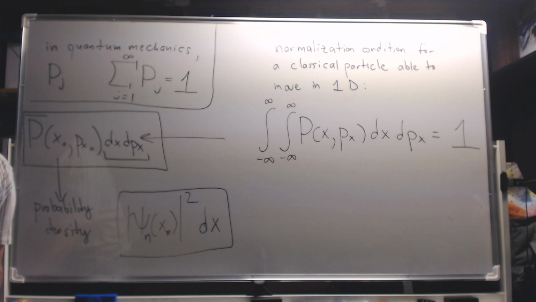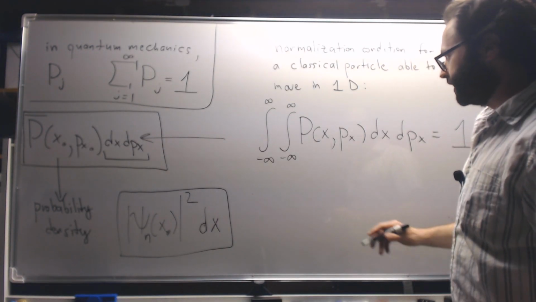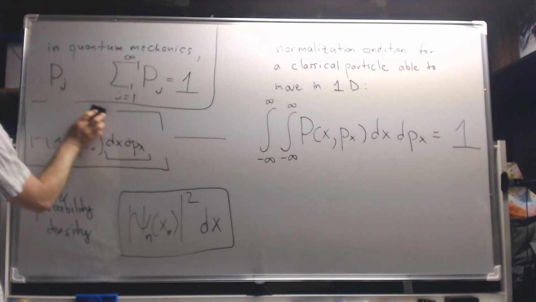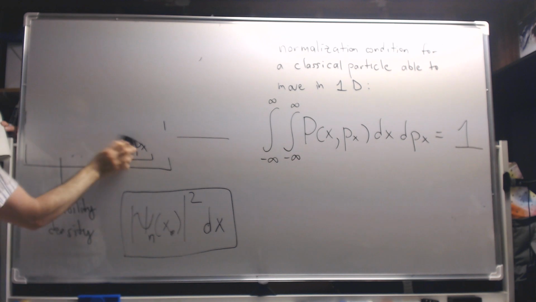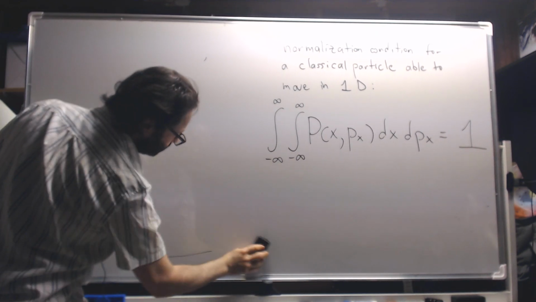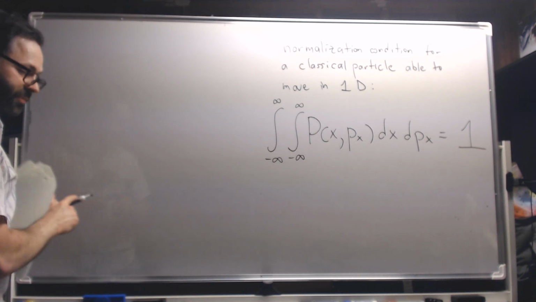Now, this immediately tells us how to calculate average values of our system. For example, suppose you want to calculate the average value of x. Or actually, before that, suppose you want to calculate the average energy. Now, the energy of a classical mechanical system gets a special name.